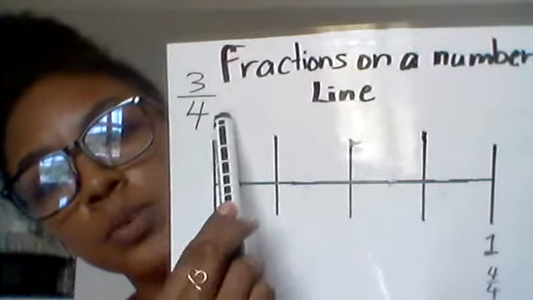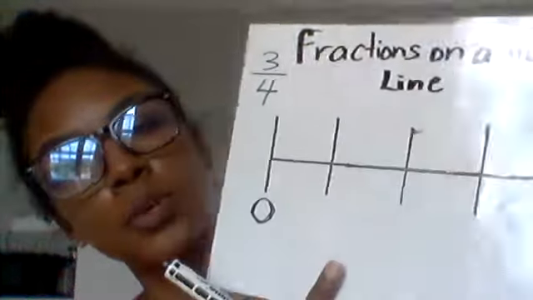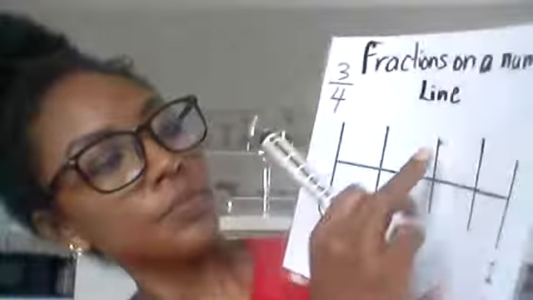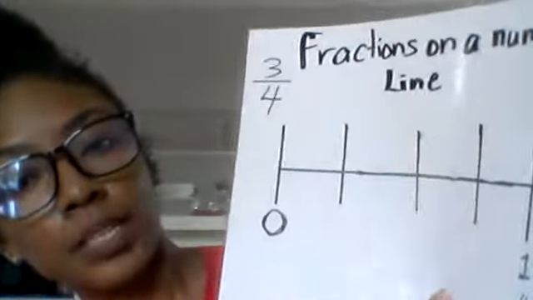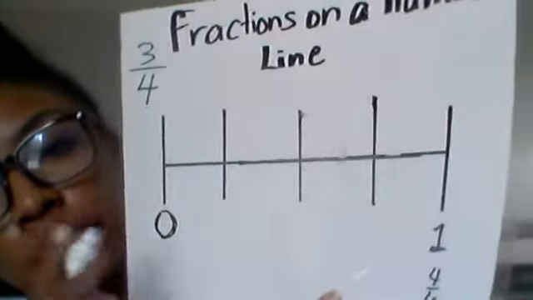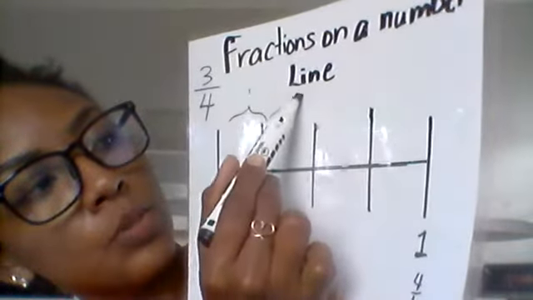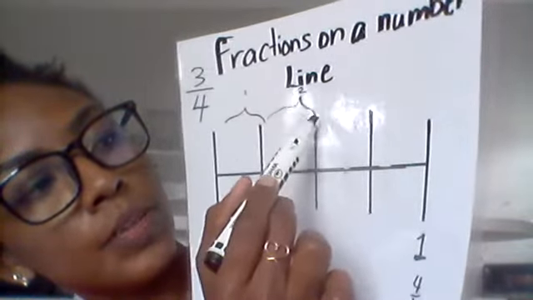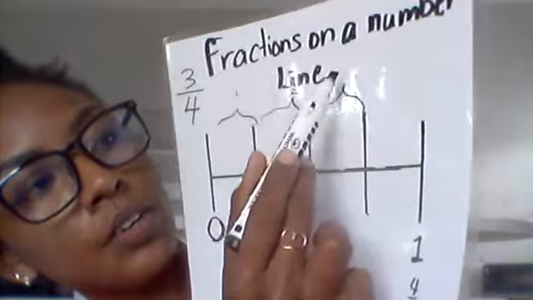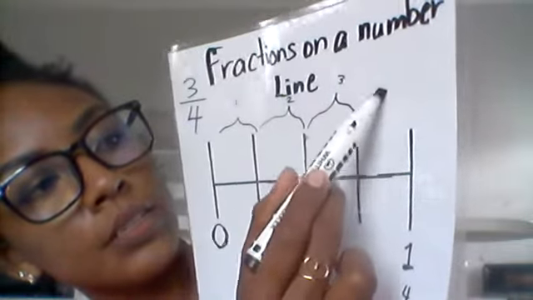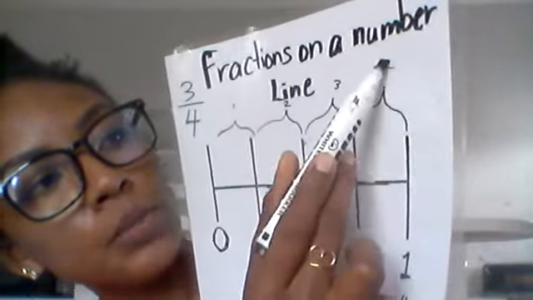So from 0 to here, that represents 1 space, and I'm just going to put little symbols at the top so we can see what I'm referring to. So from 0 to the first line, this represents 1 space. From this line in between here, 2 space. In between here, 3 spaces. In between here, 4 spaces.